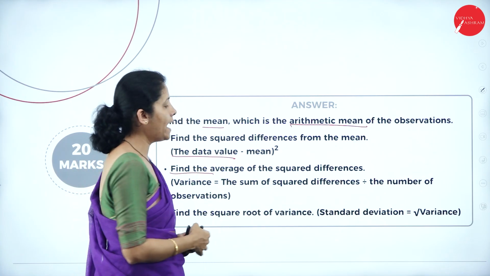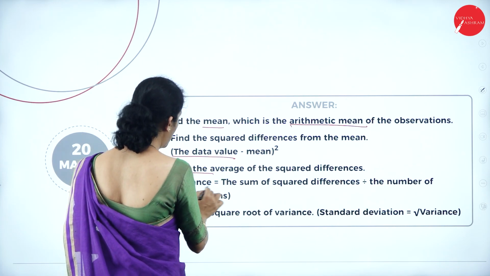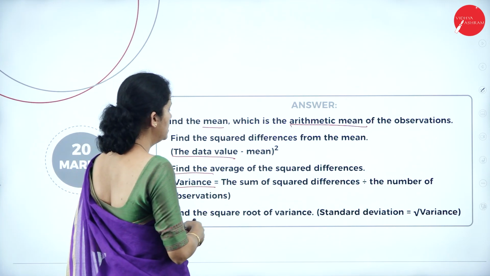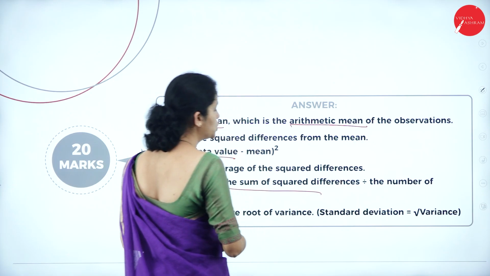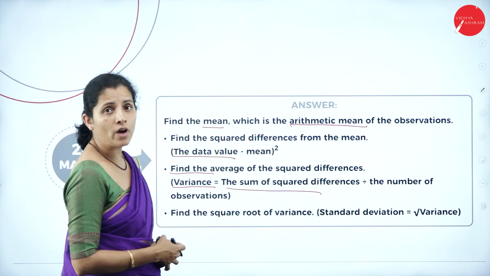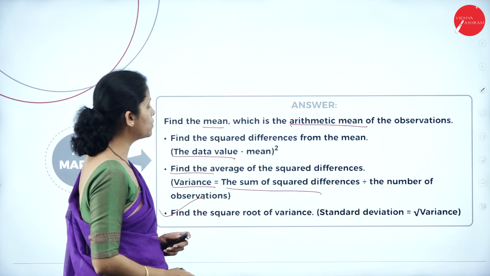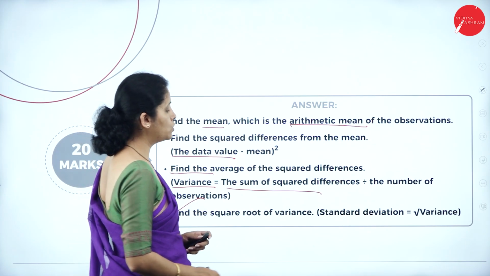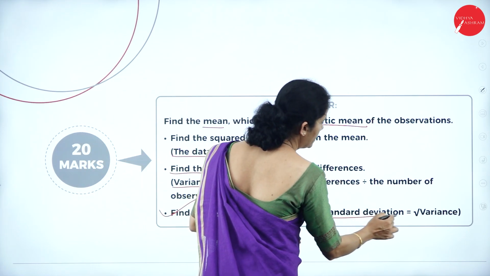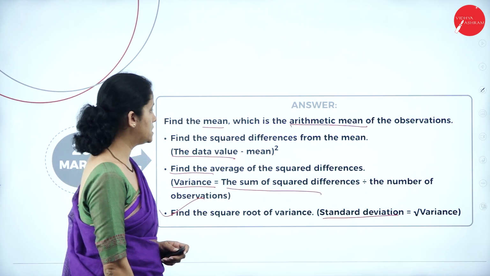Now find the average of the square difference, that is, variance equals the sum of square differences divided by the number of observations. Next, take the square root of variance, that is, standard deviation equals the square root of variance.